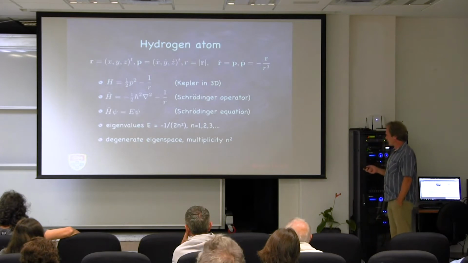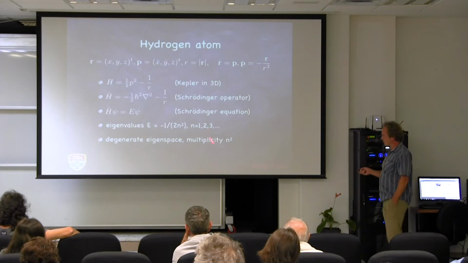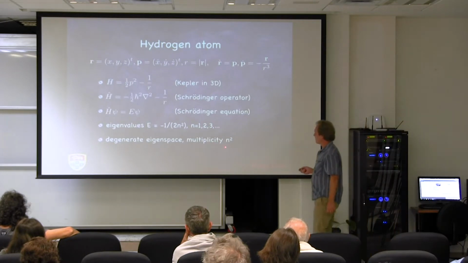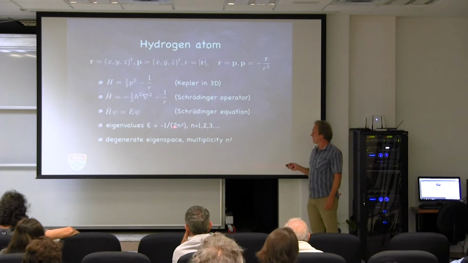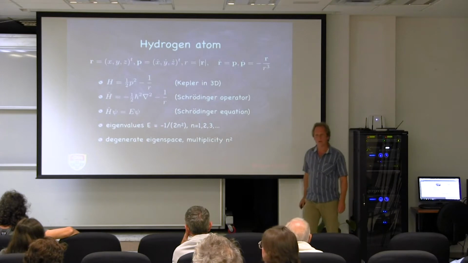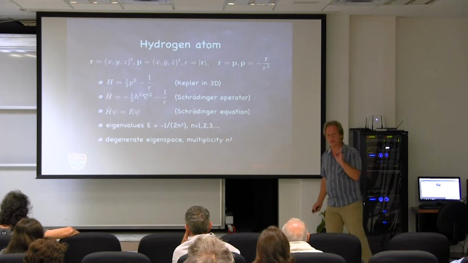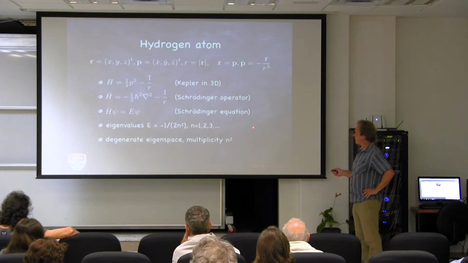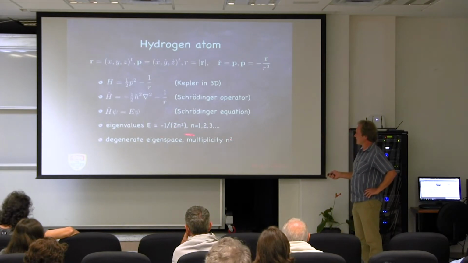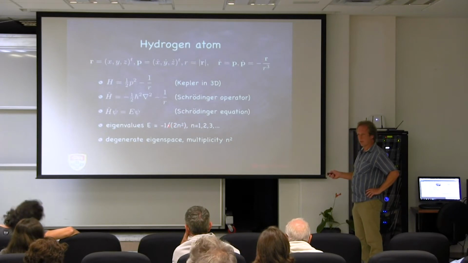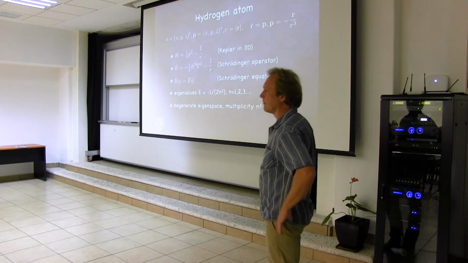I will tell you a little bit more about this as we go along, but to point out the most important thing for me at this point, or for the whole talk, is that this eigenvalue of this operator is highly degenerate. So when this integer n gets larger, then the degeneracy of that eigenspace, with that eigenvalue, is n squared.